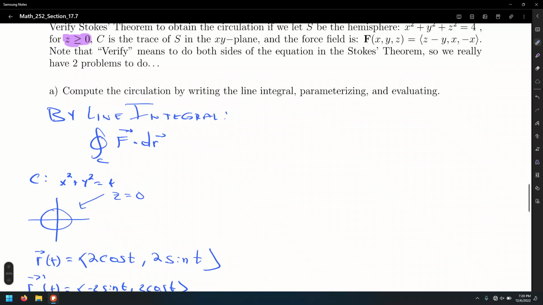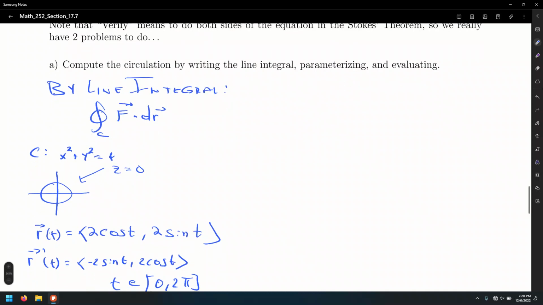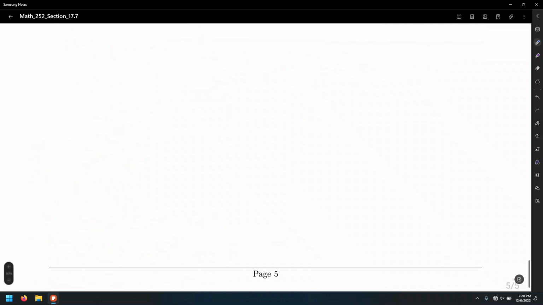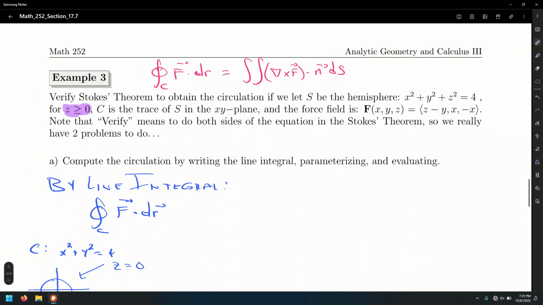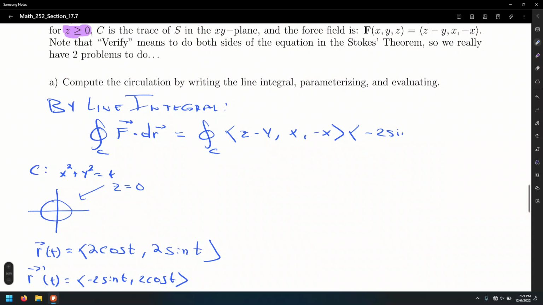So, third component. Yes, that's what I was going to mention. So let me write down the integral. And so this is actually going to be the integral over C of F, which in this case is z minus y, comma x, comma negative x, dotted with, something's missing here, let me write down what we have, negative 2 sine t, comma 2 cosine t.